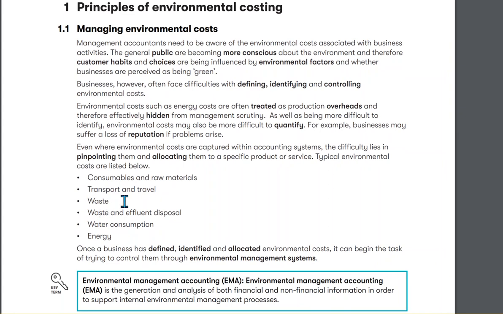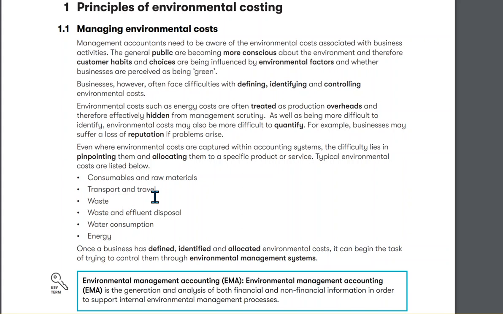Okay, then they've explained here at the bottom the typical environmental costs, meaning the costs that affect the environment. Consumable and raw material: if you are wasting your material, the cost of that material going into the environment would be environmental cost.